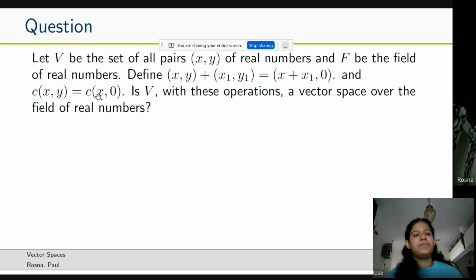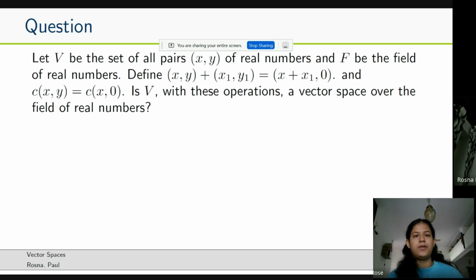That's my mistake. So c(x, y) gives you (cx, 0). That is how I define the two operations. Is this vector space V, the set of ordered pairs of real numbers, a vector space over the field of real numbers?